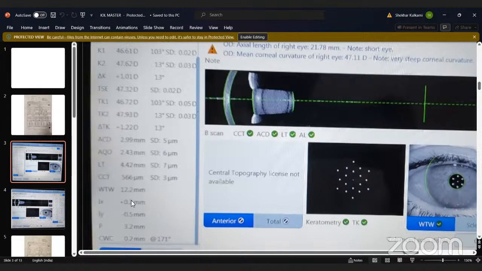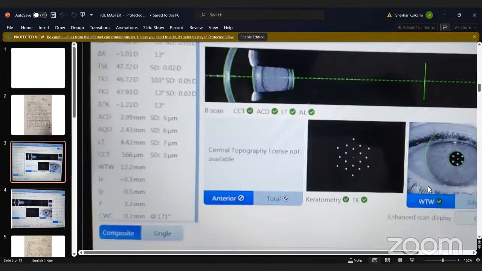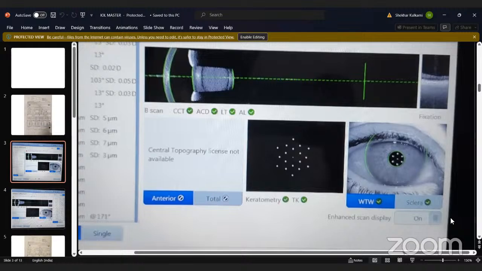First of all, you have to check the white to white diameters, and whether the alignment of the pupil and the iris is correct, and the alignment of the iris and the sclera. You have to check if this is correct or not. You also have to check the Chang-Manning score.